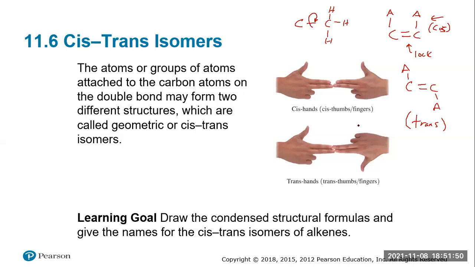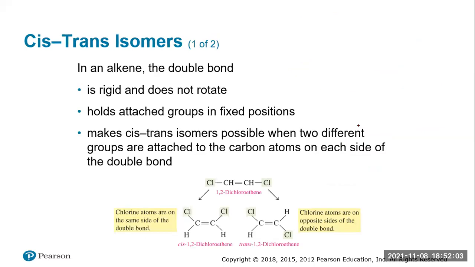There is a certain thing that has to happen in order for a cis or trans isomer to even exist. Not in all cases does a cis or trans isomer exist. There have to be a couple things that happen. For example, you need a double bond, obviously.